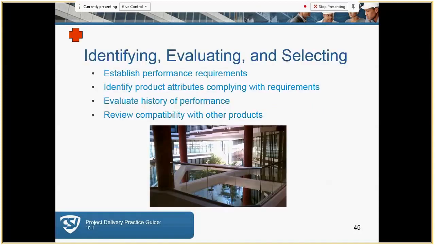We want to identify a product, evaluate it, and select it based on performance requirements. We want to identify the attributes of that product, and do they comply with the requirements. We want to evaluate the history of the performance of that product, and we want to review compatibility with other products.